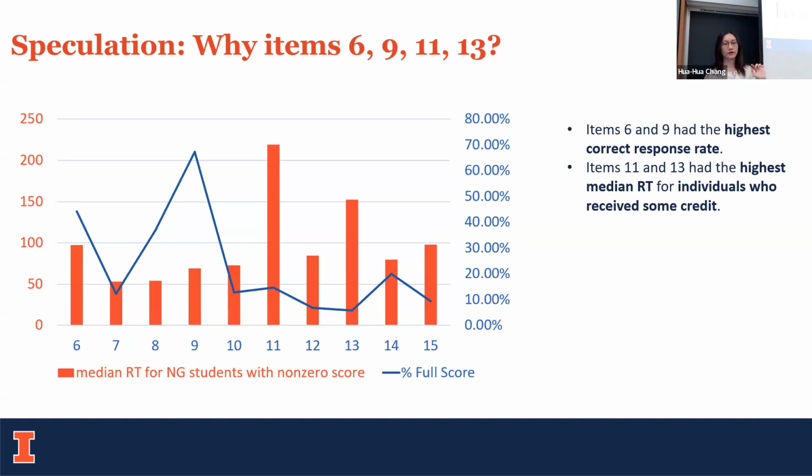The blue line here is the proportion of individuals who receive full score, which is a surrogate for how difficult or how easy this question is. What we see here is that items 6 and 9 had the highest correct response rate. And items 11 and 13 had the highest median response time for individuals who receive some credit.